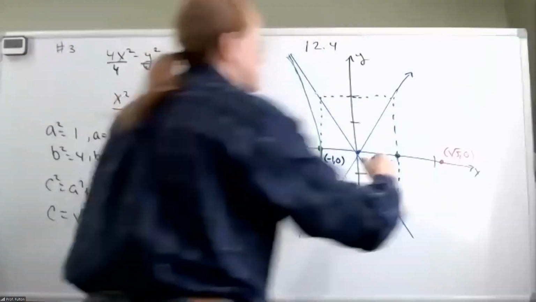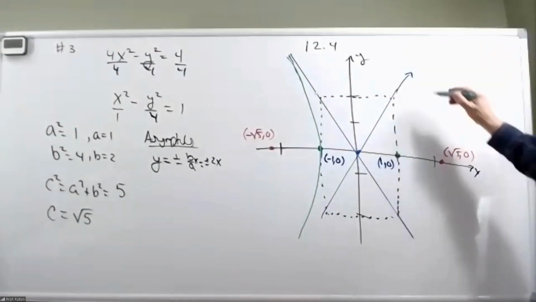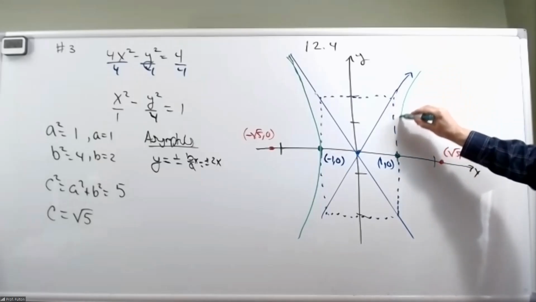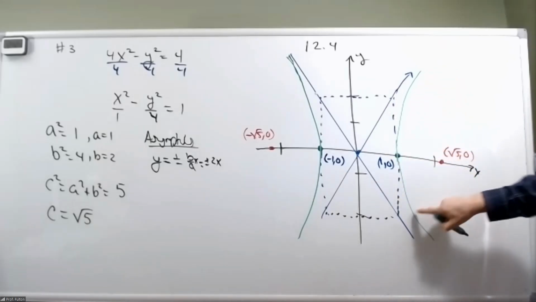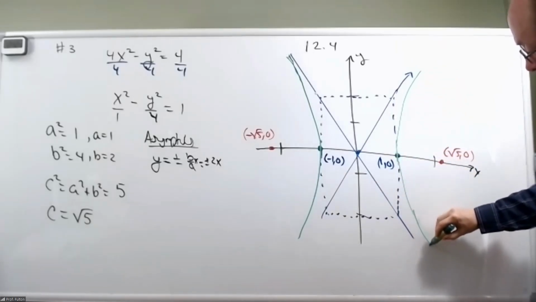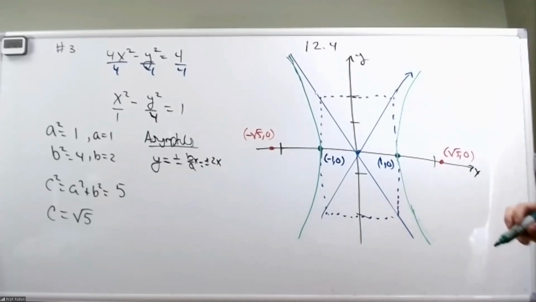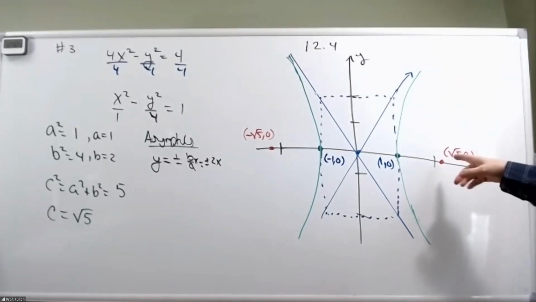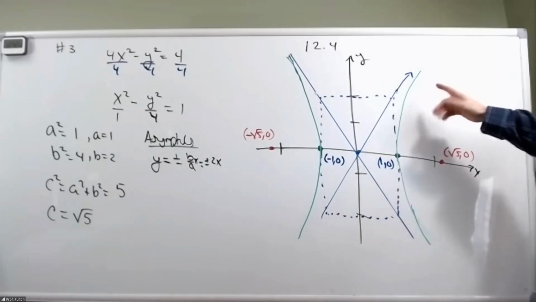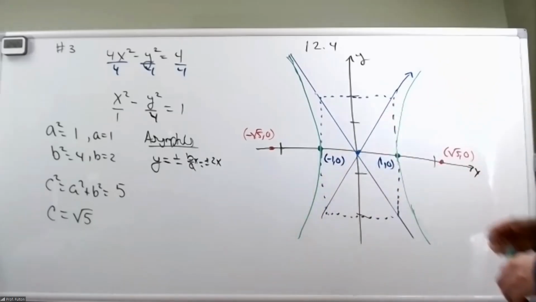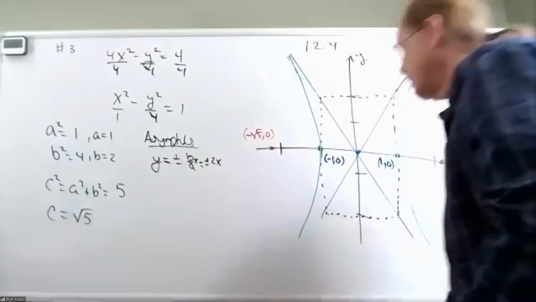It's going to get close. And over here, it's going to look something like this. It should get closer and closer as we go there. The foci are related to the distance between points on that curve and the other one on the other side.